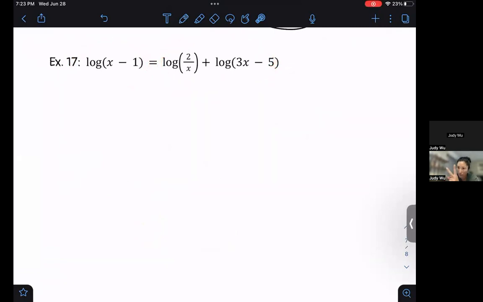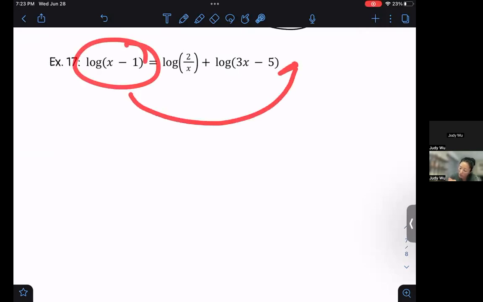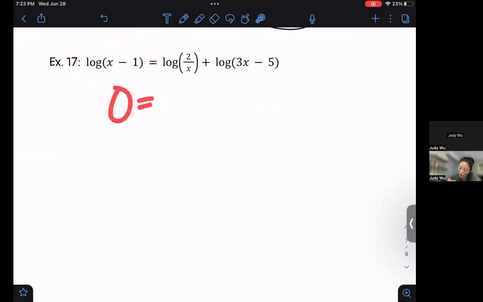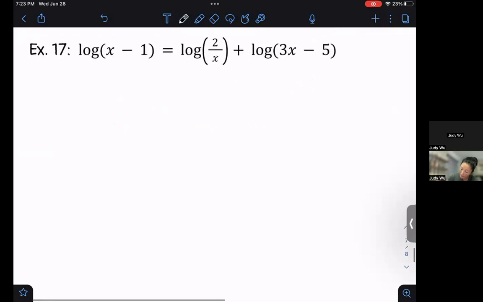Option two, we take this one and move it to the other side. Now we'll have 0 equals 3 different logs, and we can combine them using product and quotient property. Okay. I'm going to choose the first way, where I just combine the logs on the right-hand side.